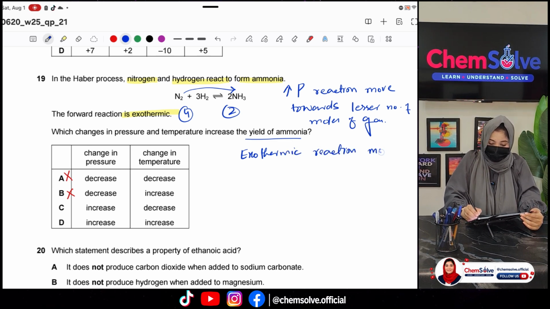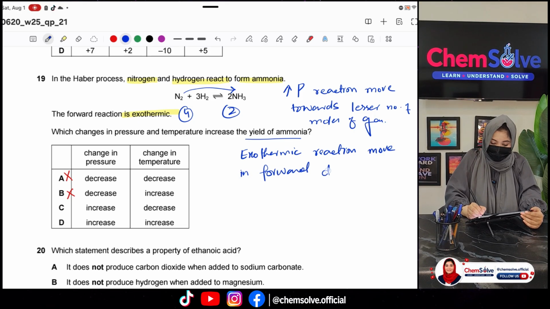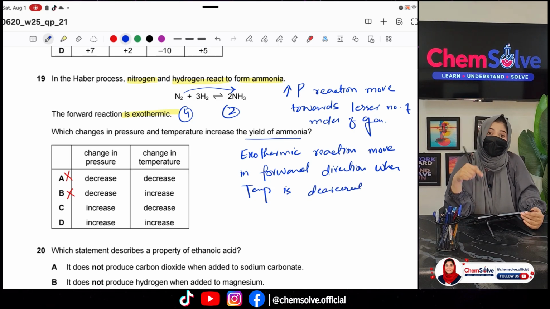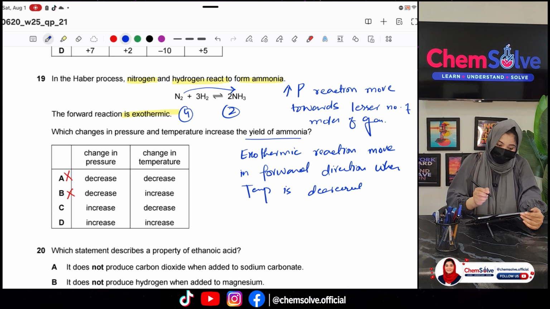Exothermic reactions move in the forward direction when temperature is decreased, because exothermic means release of heat. So if we want them to move in the forward direction, we have to release the heat. So the temperature is being decreased. That's why C seems to be the correct option.